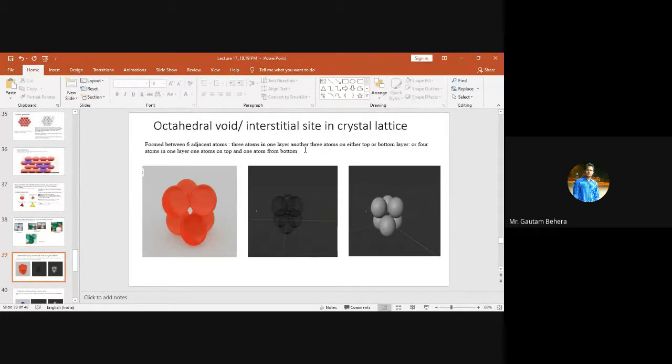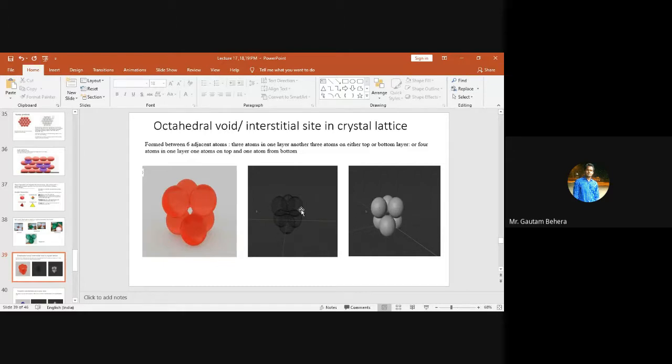That makes a total of 6 atoms forming an octahedral void, or 4 atoms in one layer, 1 atom on the top and 1 atom from the bottom. Just have a look. These 3 atoms are in one layer, and this is another layer of 3 atoms. The void is forming. That is an octahedral void.